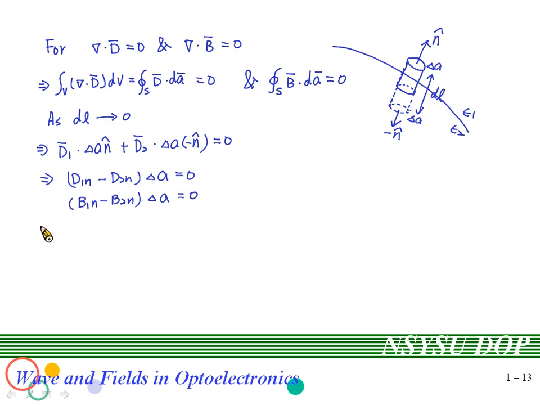And these two give us the boundary conditions of the normal component, that is D1n equals D2n, and B1n equals B2n.